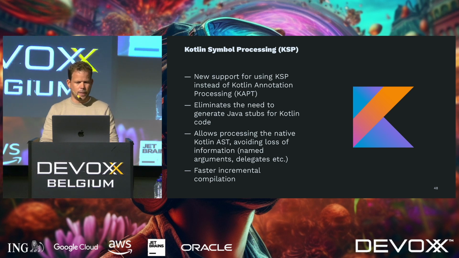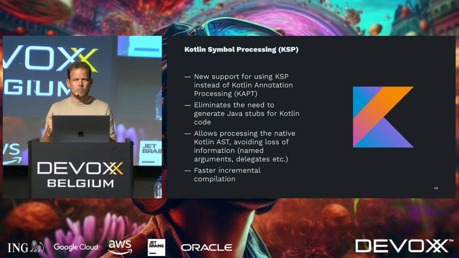So for Kotlin users, we added support for Kotlin Symbol Processing. Do we have any Kotlin users in the audience? One. So Micronaut's previous implementation, well, it's still there, is based on KAPT, which lets you run Java annotation processors with Kotlin.